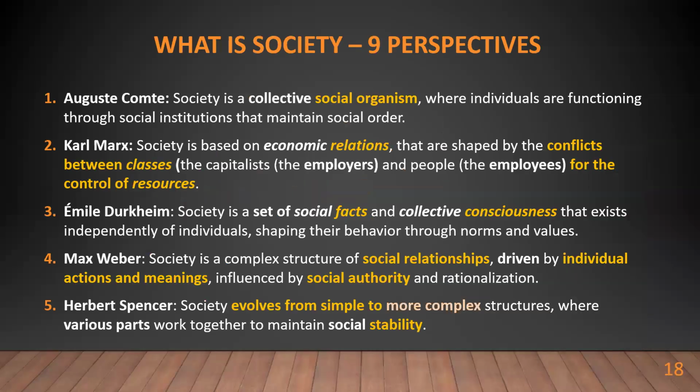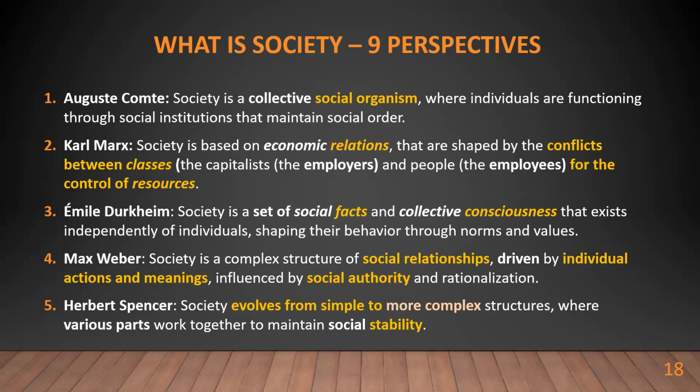Let's start with the father of sociology, Auguste Comte, and he says that society is a collective social organism where individuals function through social institutions that maintain social order. So it's an organism where individuals function through institutions. Karl Marx, the conflict theory, talks about economic relations, money relations that are shaped by conflicts between the classes.